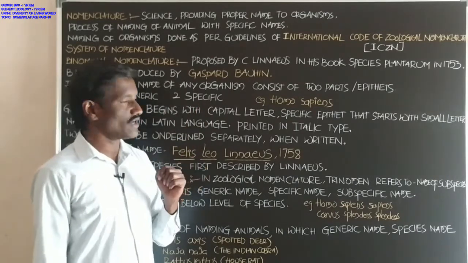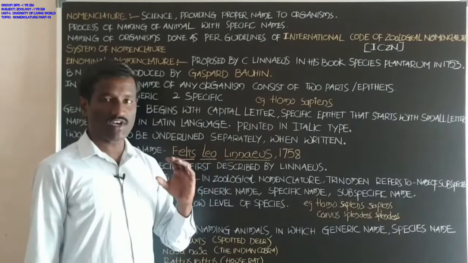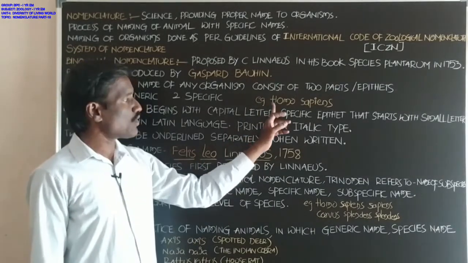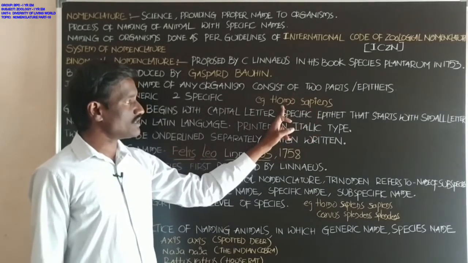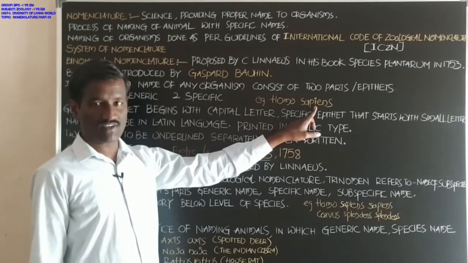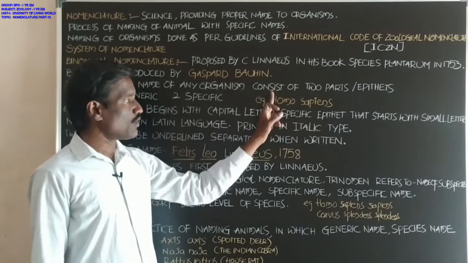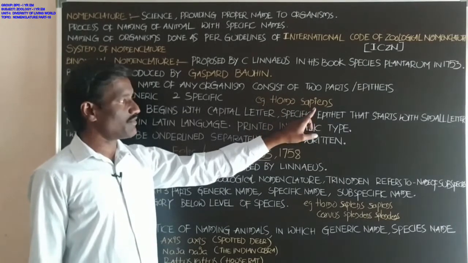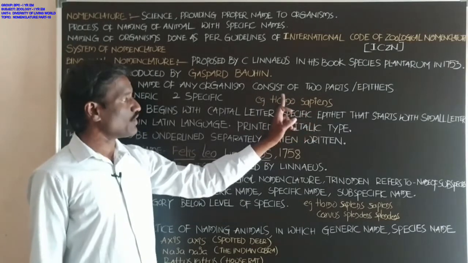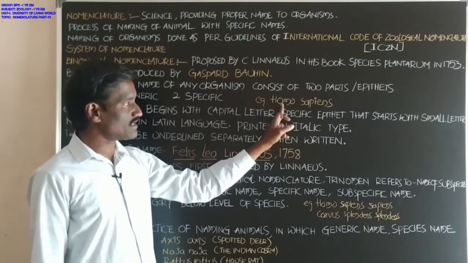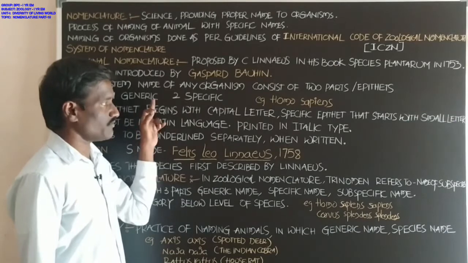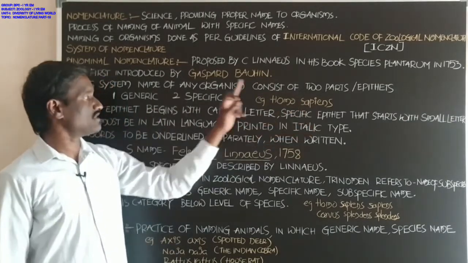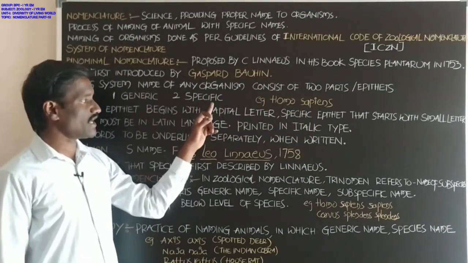For example, students, observe the scientific name of man, Homo sapiens. Homo is the first part and sapiens is the second part. Homo is the first epithet, the generic epithet, and sapiens is the second epithet, the specific epithet.